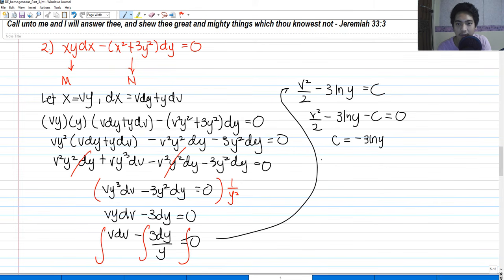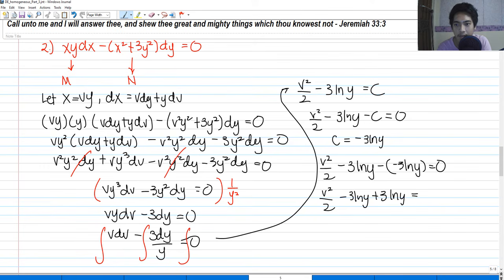Consider the sign also. So we have v squared all over 2 minus 3 ln of y minus the negative 3 ln of y equals 0. So that we have v squared all over 2 minus 3 ln of y plus 3 ln of c equals 0. I'm so sorry, it should be ln of c.